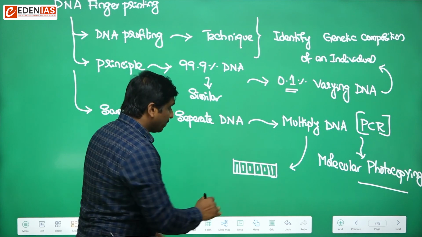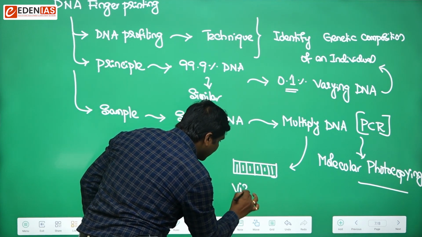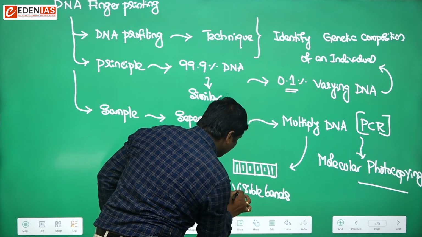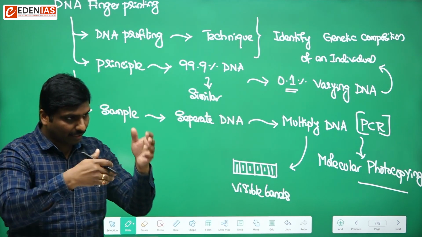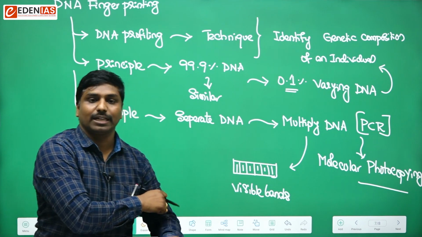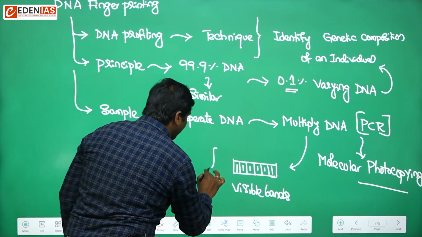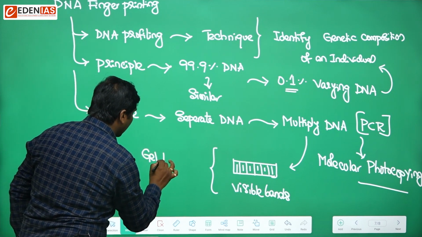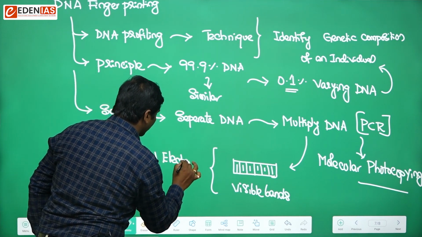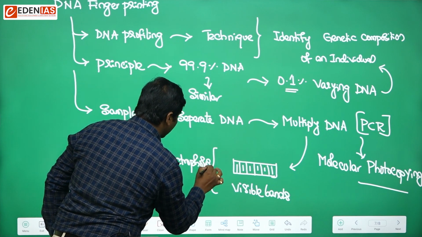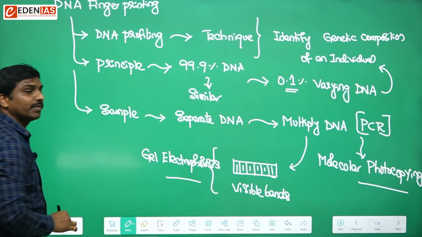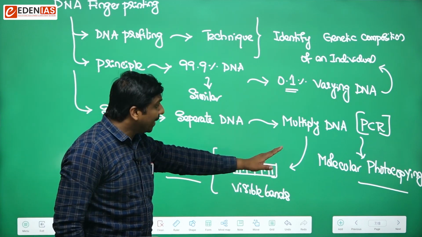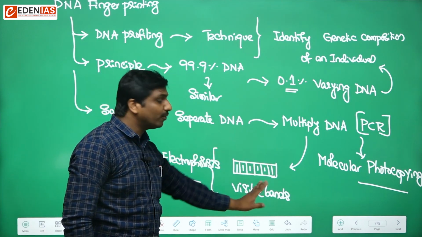For segregating them into visible bands, based on their colors and so on, they will use another method called gel electrophoresis. Gel electrophoresis is the method that is used to make these multiple copies of DNA into visible bands.